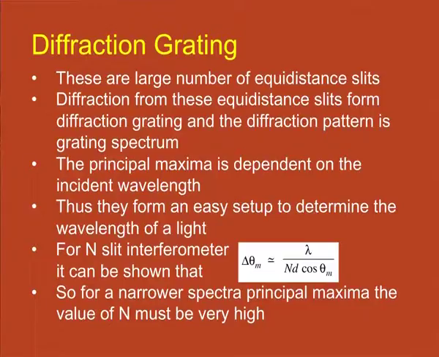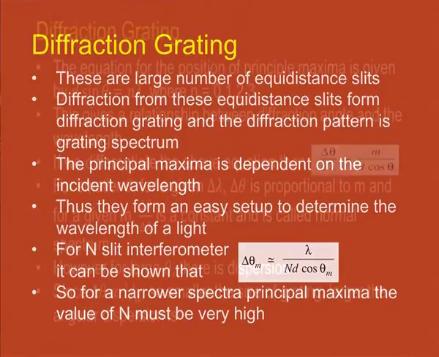Now, if we have N number of slits, then for an N slit interferometer, delta theta m is equal to lambda by N d cos theta m. So, for a narrower principal maxima in the spectra, the value of N must be very high.